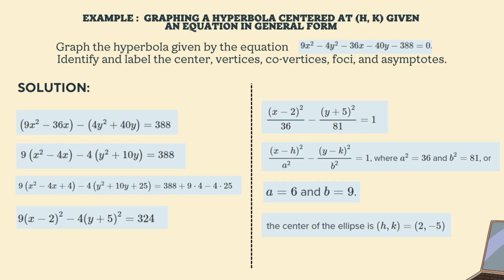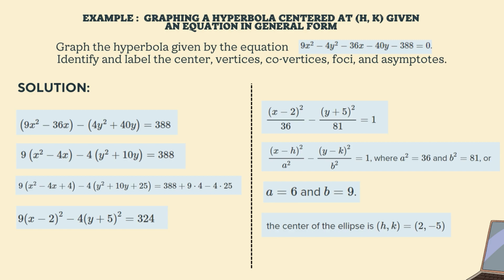The standard form that applies to the given equation is the quantity of x minus h squared over a squared minus the quantity of y minus k squared over b squared, which means that our transverse axis is horizontal, where a squared is equal to 36 and b squared is equal to 81, or a is equal to 6 since the square root of 36 is 6.